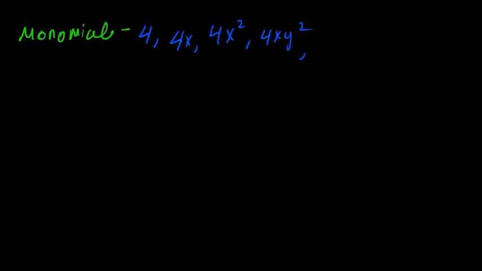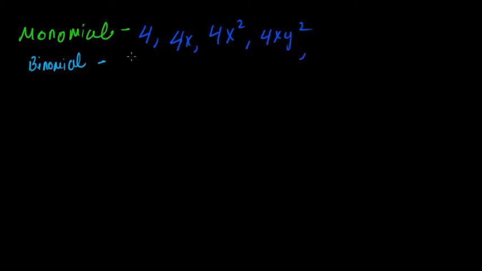Let's talk about the next one, called a binomial. A binomial would be what we call a monomial plus a monomial or a monomial minus a monomial.